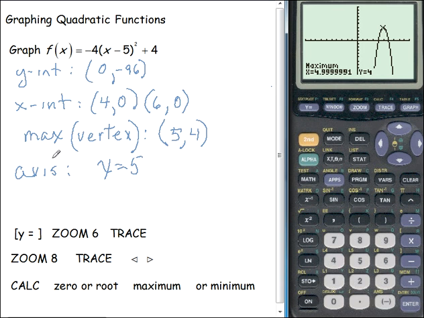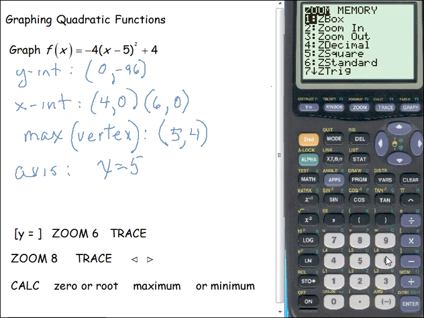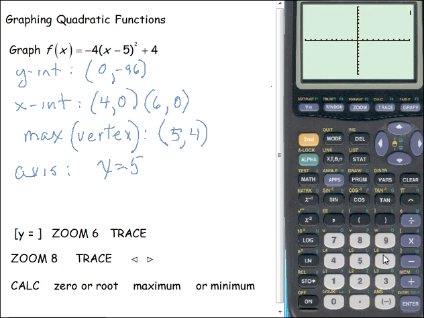So you're able to get a lot of information off this graph. Now, I want to point out to you one thing you can't get from this graph very well. Let's hit the trace key. The values for graphing are not really ideal here. All right, so let's hit Zoom 6 again, and this time we're hitting it to center the graph.